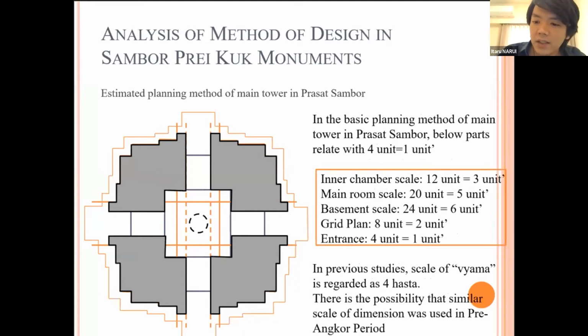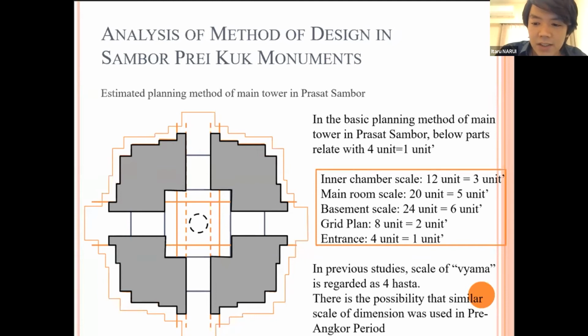In the basic planning method of the main tower in Prasat Sambor, the upper and lower parts relate with 4 units. In the chamber, the scale is 12 units, and the main room scale is 20 units. The basement scale is 24 units, and the basic grid is 8 units, and the entrance is 4 units.